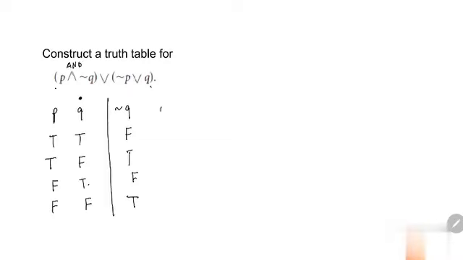Kunin na natin yung conjunction. So, P and negative Q. Okay. We have to look at this and P. Look at the conjunction between them. So, conjunction, dapat pare silang true para maging true ito.